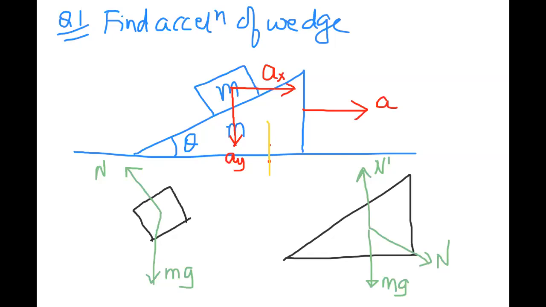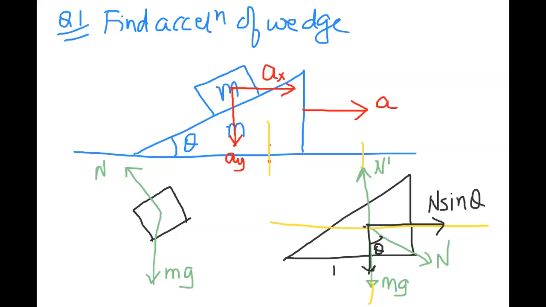So now on the FBD, I can draw my axis and I can find the components. Remember that normal reaction always makes the same angle as the incline with the vertical, right? So this component will be equal to n sine theta.